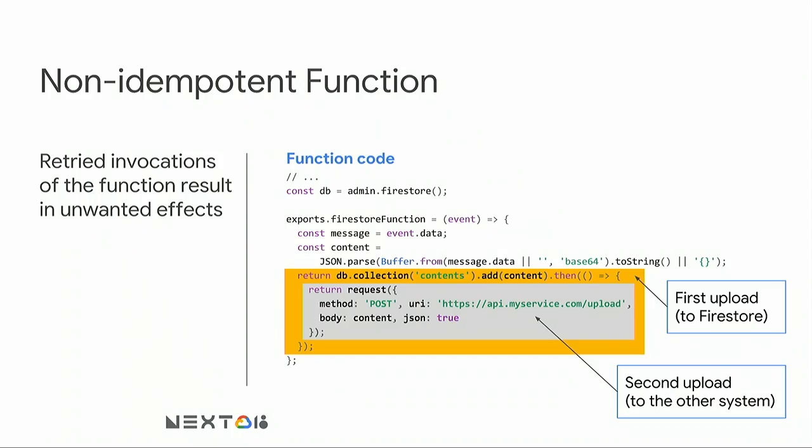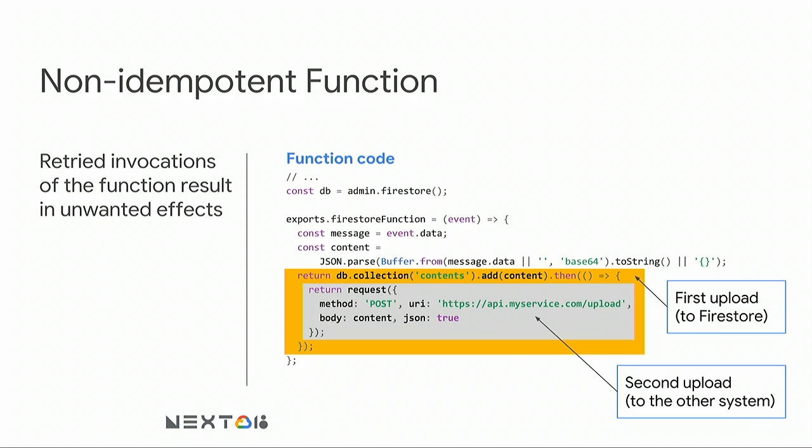Let's look at a non-idempotent function first. This function uploads the received contents to Firestore first, and then it uploads the same contents to another service by sending a post request.